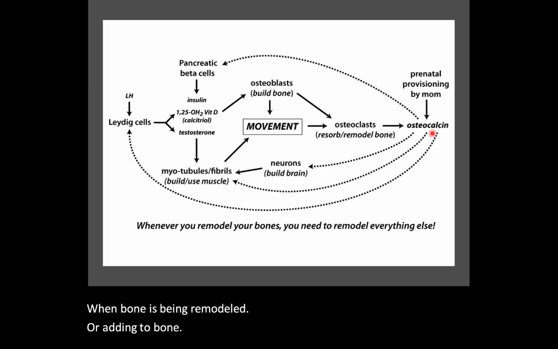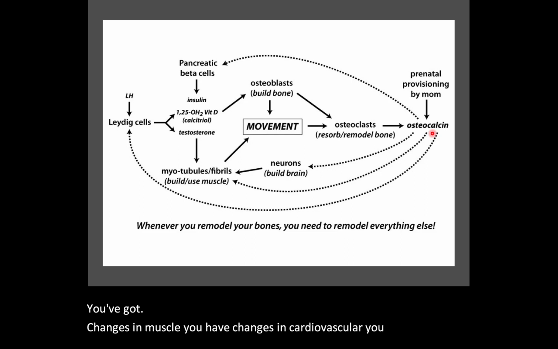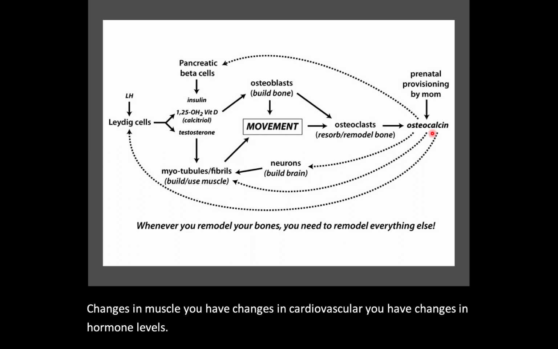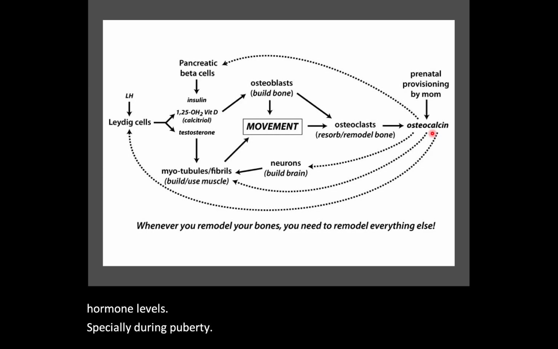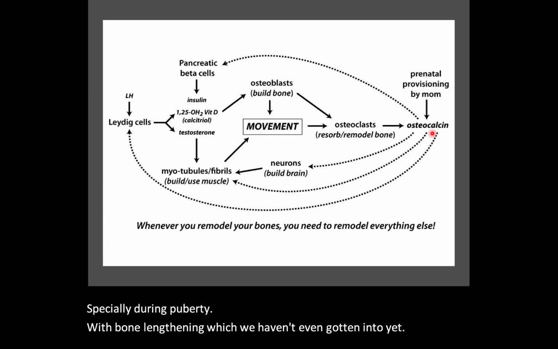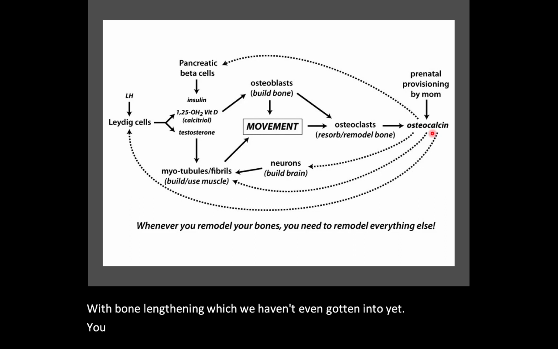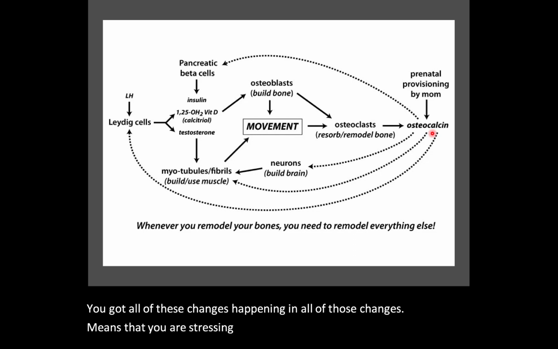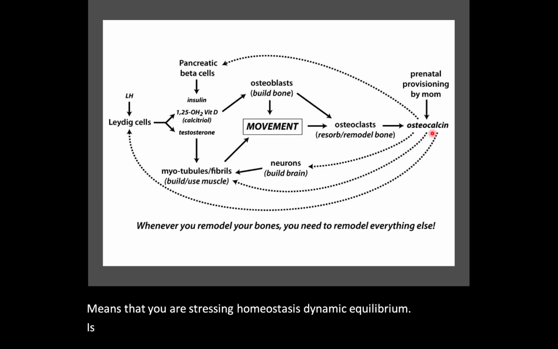You've got changes in muscle. You have changes in cardiovascular. You have changes in hormone levels, especially during puberty, with bone lengthening, which we haven't even gotten into yet. You got all of these changes happening, and all of those changes means that you are stressing homeostasis. Dynamic equilibrium is being pushed to its boundaries.